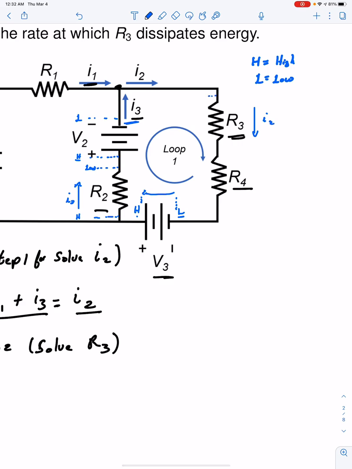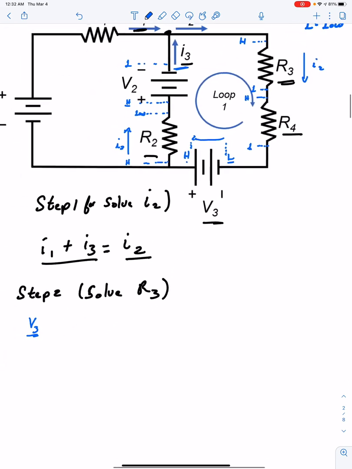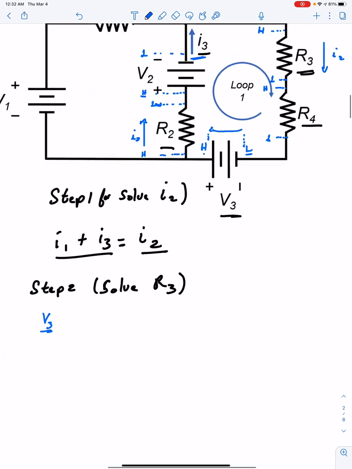We have high here, low here. Then resistor 4 starts from high and ends up in low. So reviewing after V3, reviewing R2, since we end up with low but we start with high, low minus high electric potential gives me a negative voltage across resistor 2.